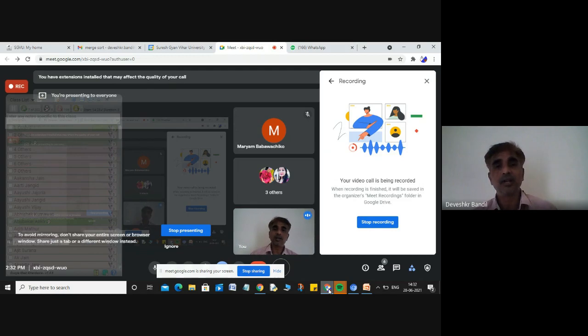So divide means first of all your big task is divided into many subtasks, and these subtasks will execute independently. After execution, the subtasks will be combined. That is the divide and conquer technique.